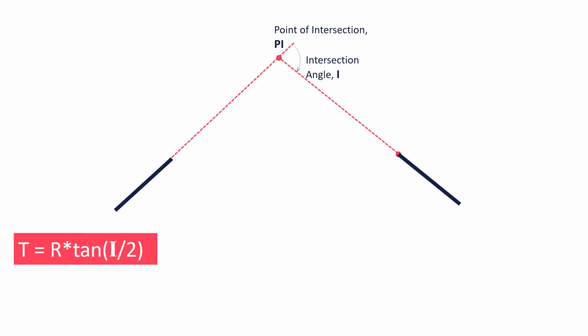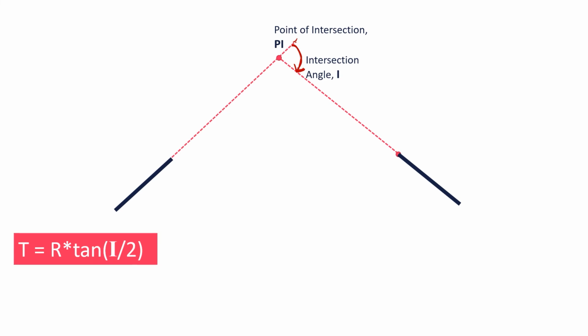So let's take a simple example. Here we have two straight roads connecting at this point, which is known as the point of intersection. The point of intersection is known to you, and you can easily measure this angle. You are pros at using the total station now. Based on the value of this I, you can find the tangent length, which is given by R times tan I by 2.